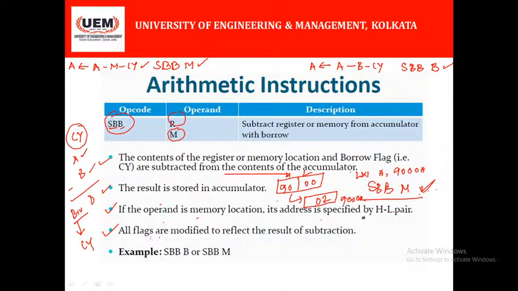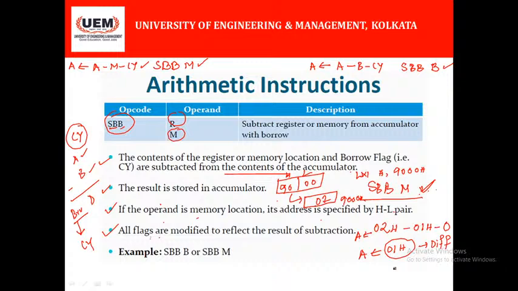Now we are subtracting: say the value of the accumulator is 02 and the value of M, the 9000 location, is 01H and the borrow flag is suppose 0. Then we perform the operation and store the result in the accumulator, and the accumulator value will be 01H. This is nothing but your difference.